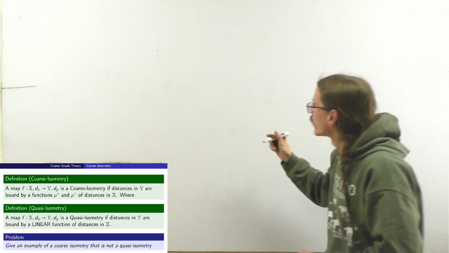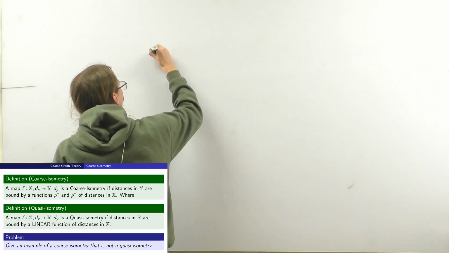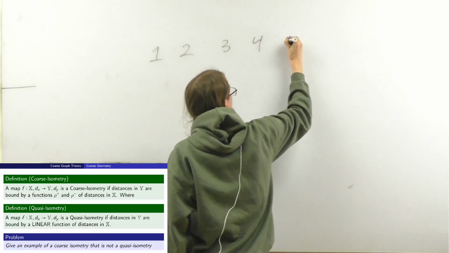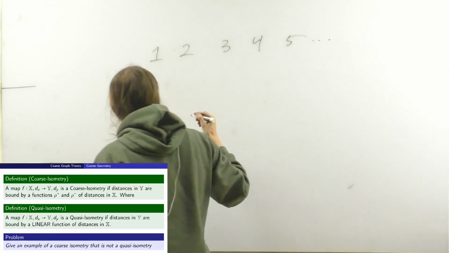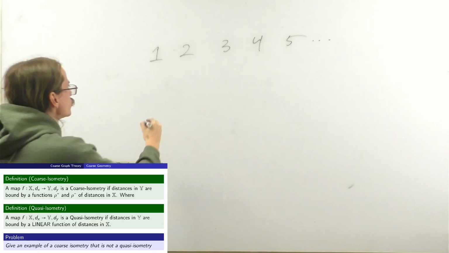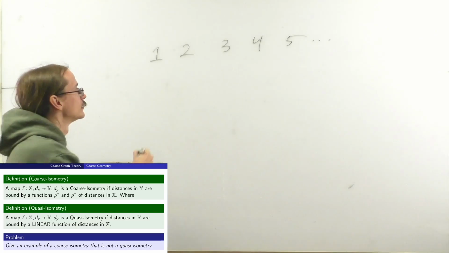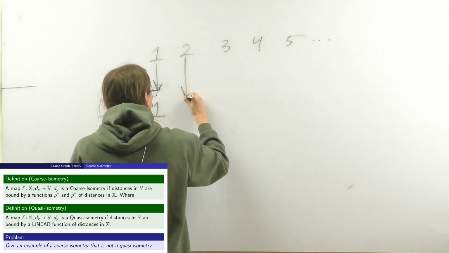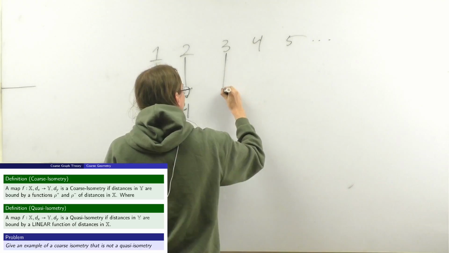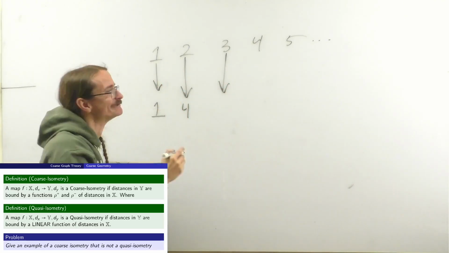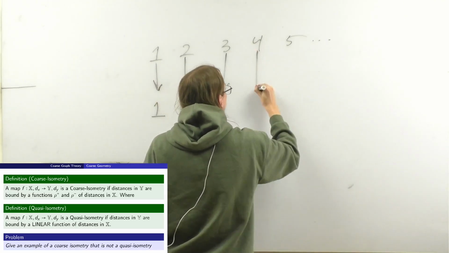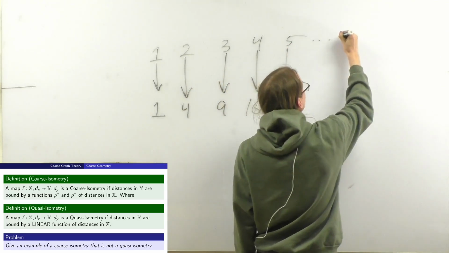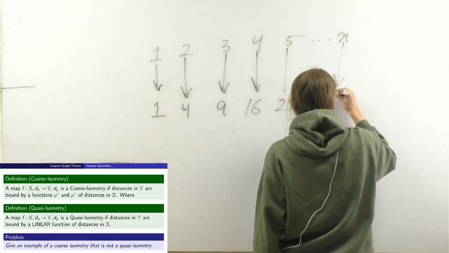Let's make a function from the integers 1, 2, 3, 4, 5, and let's go down to the integers, but let's do it in kind of a clever way. Let's send 1 to 1, 2 to 4, 3 to 9, 4 to 16, 5 to 25, and generally let's just send n to n squared.